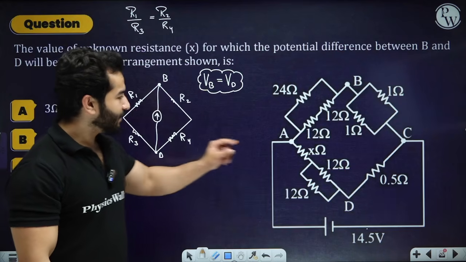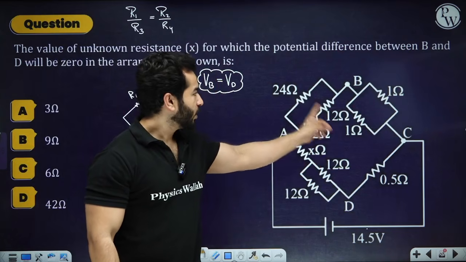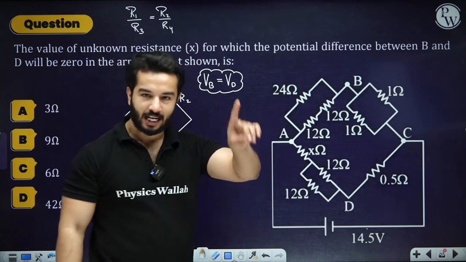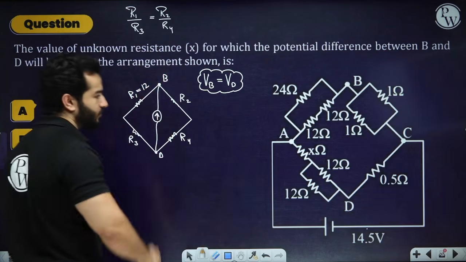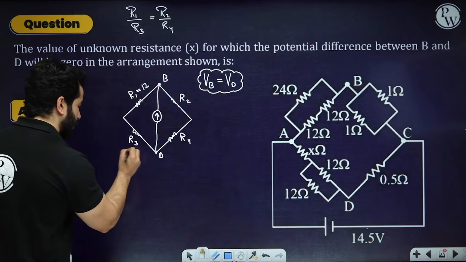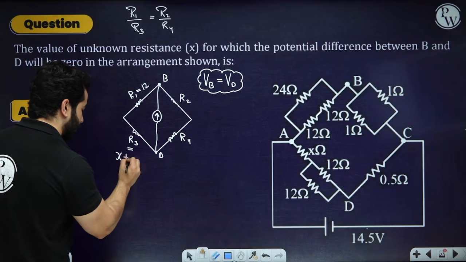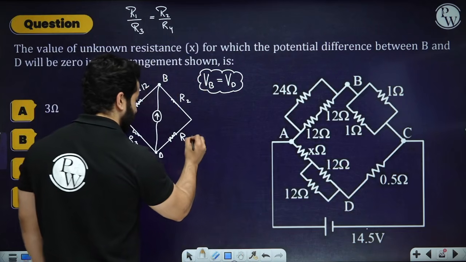So in this case, we can see that this is 12 and 12, so this is going to be 24. 24 and 24 will again become 12. So that means R1 is equal to 12. This is 12 and 12, so this will become 6. So this one is equal to X plus 6. R4 is actually 0.5.